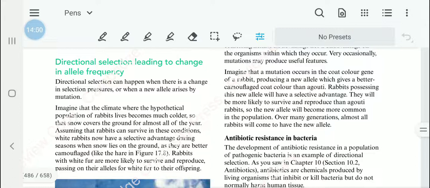But when the summer comes, it becomes dry once again. Brown and green colors, whatever the colors, will reappear. Then the white ones will be more prominent. So how are we going to get around this?